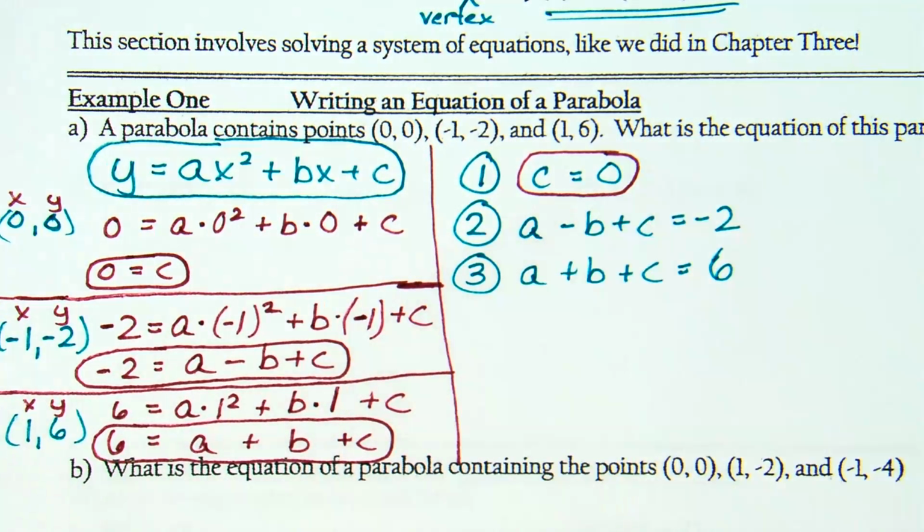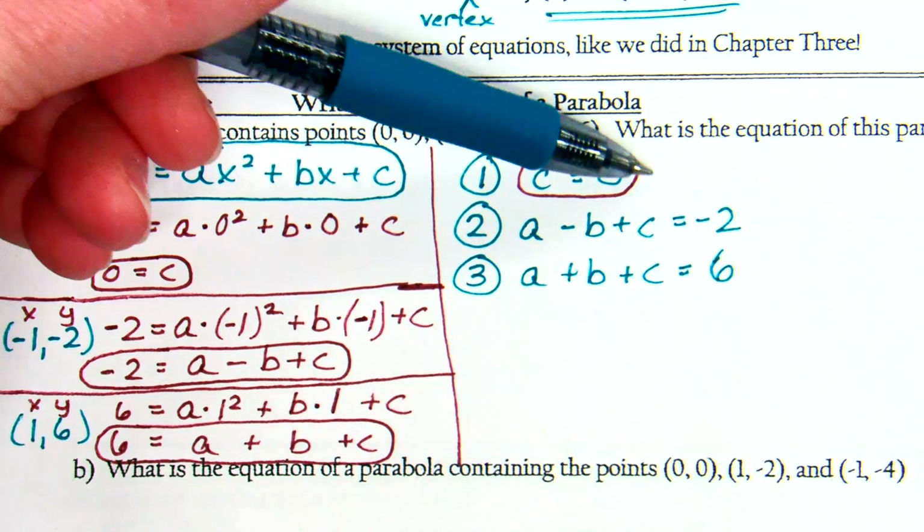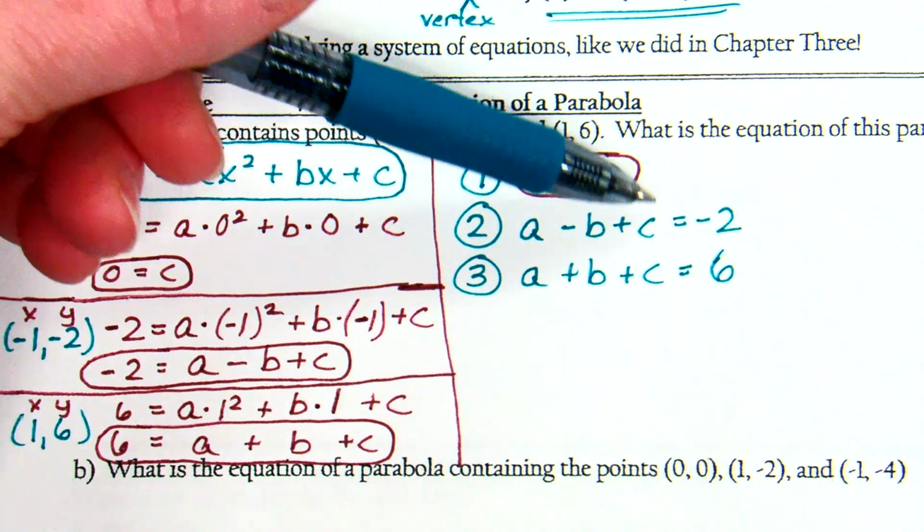Now, I'll be honest, this is not the direction I was going to go. Is Keaton more right or less right than me? Neither. It's just different. And honestly, I might like Keaton's better. I was going to say, take C equals 0, plug it in both these equations, and then add the two.